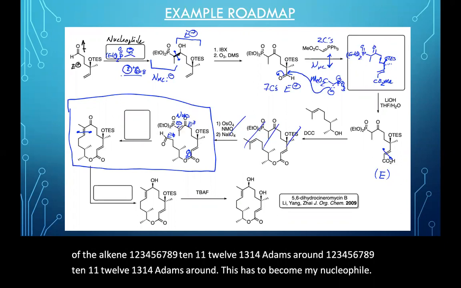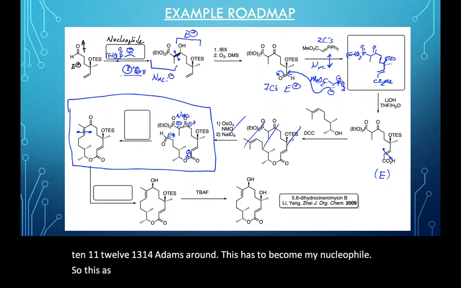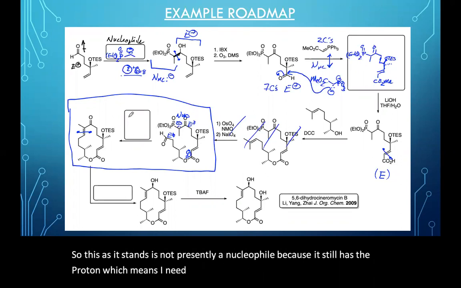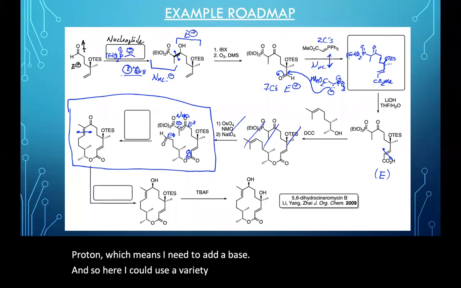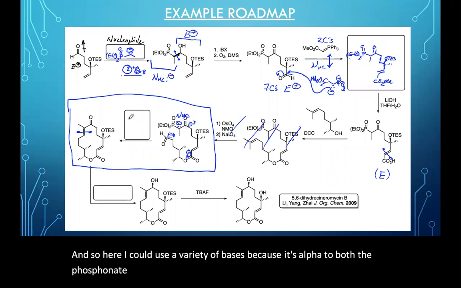So this, as it stands, is not presently a nucleophile because it still has the proton, which means I need to add a base. Here I could use a variety of bases. Because it's alpha to both the phosphonate and a carbonyl, I can use a relatively weak base.